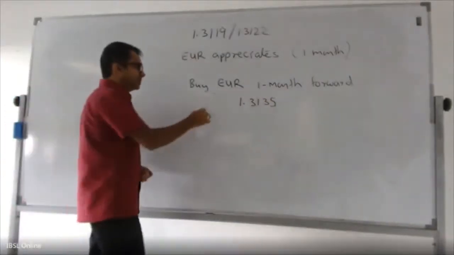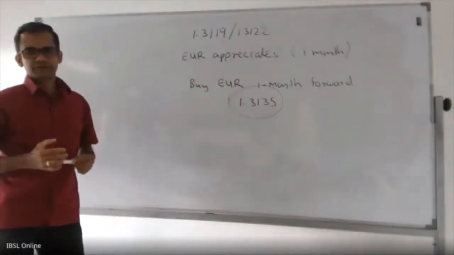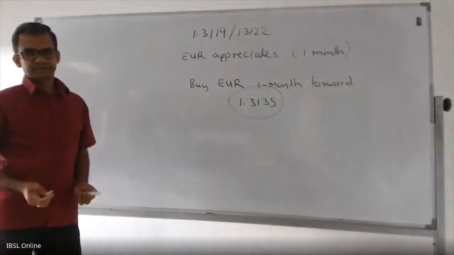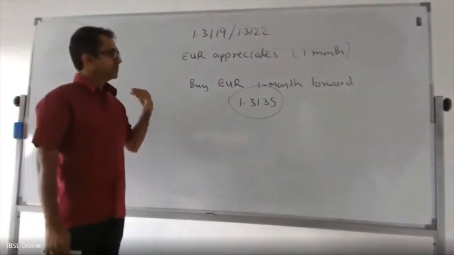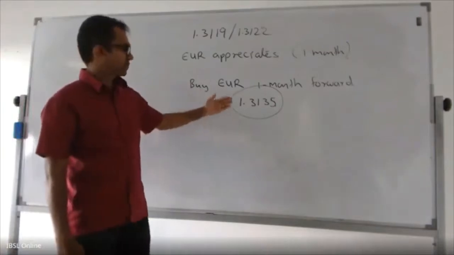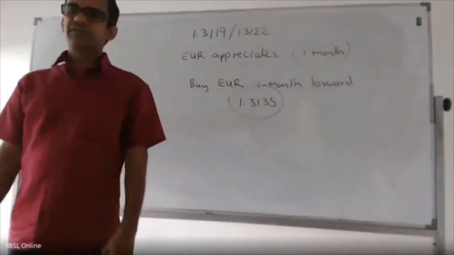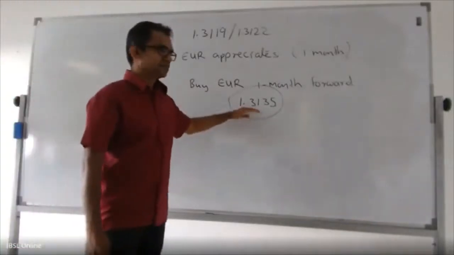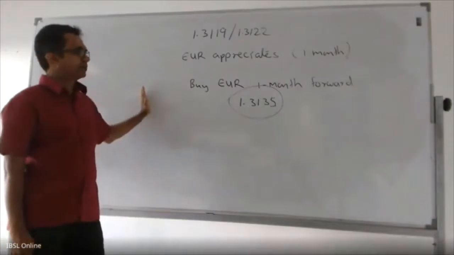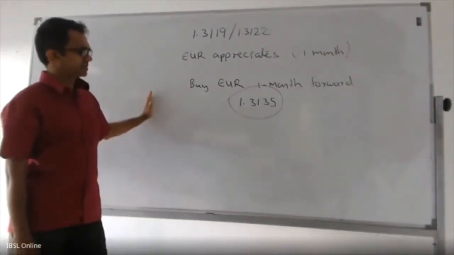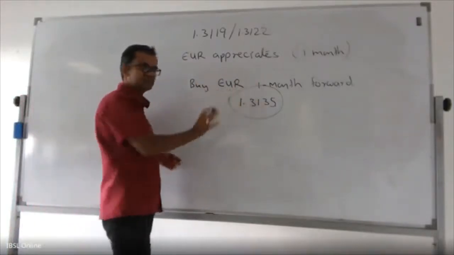This would be the applicable forward rate. After 1 month, you pay some amount of dollars and buy euro, whatever you want, at this rate. The amount you agree at the time you enter into the transaction. But still you have to honor this transaction.